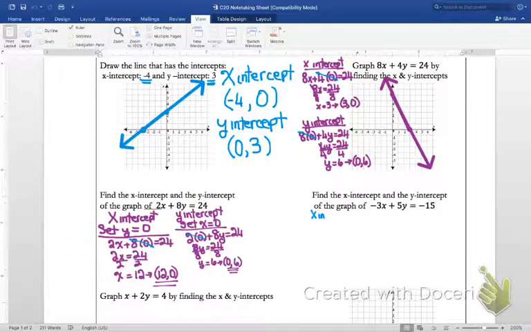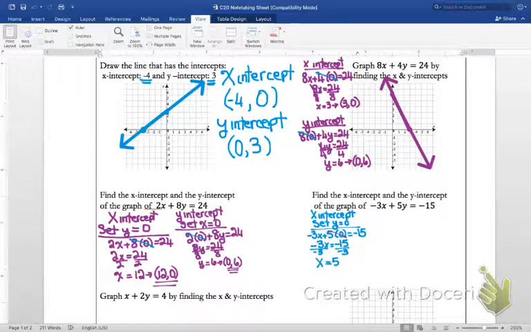Okay, now we're going to do the exact same thing with this equation. Negative 3x plus 5y equals negative 15. To find my x-intercept, I'm going to set y equal to 0. So I'm taking my equation, and where the y is, I'm throwing the y away, and I'm putting 0 in its place. Then I'm going to solve that, and I'm going to get that x equals positive 5.